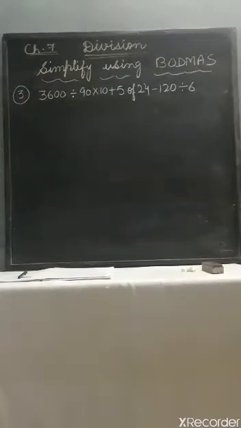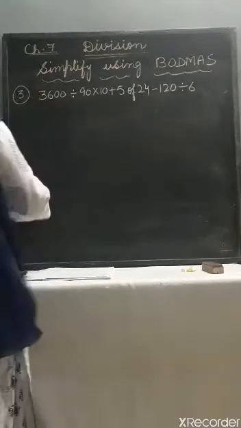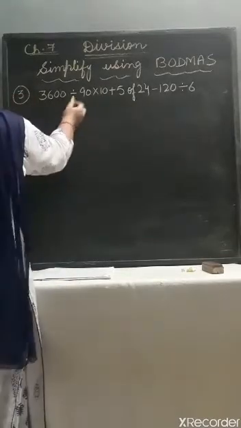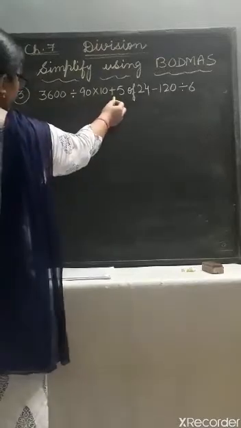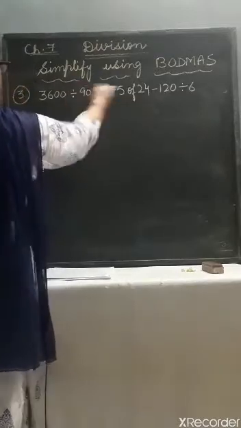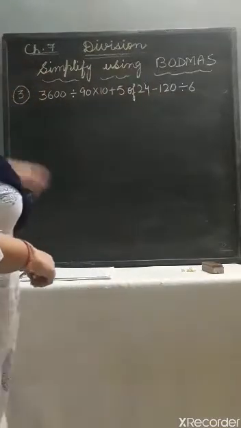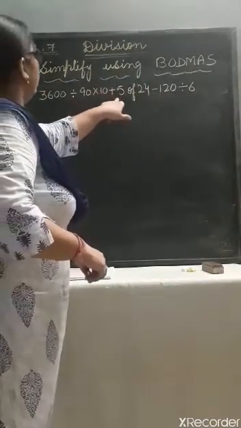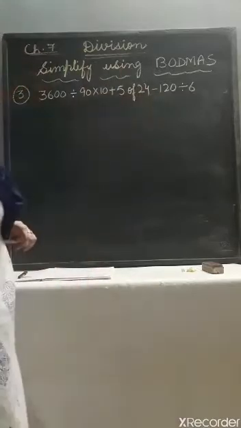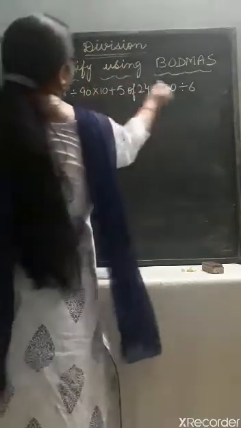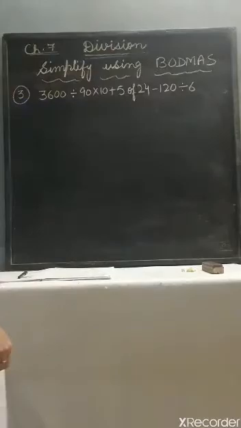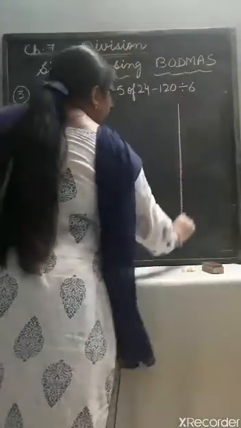Let us take one more example. In this example, we are having division, multiplication, addition, of. We are having subtraction also. That is, we are having 1, 2, 3, 4, 5 operations. Division is 2 times in this sum. We will use BODMAS.